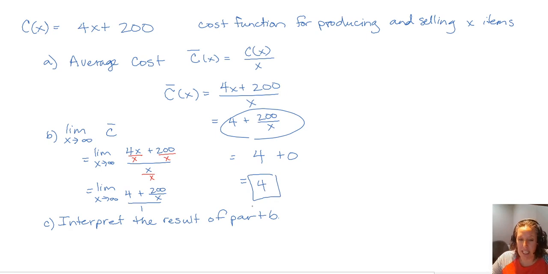Now, what is that telling us? Part B is asking us that exact question. x is our number of items, and it's going to infinity. So if x is going to infinity, that means the number of items we're producing is going to infinity.